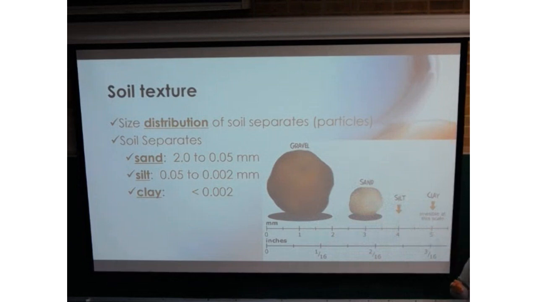Have you tried using baking powder or baking soda? That kind of size is like silt size. It's really smooth. Clay particle size is much smaller than that, and that's why we use an electron microscope to see clay particle size.